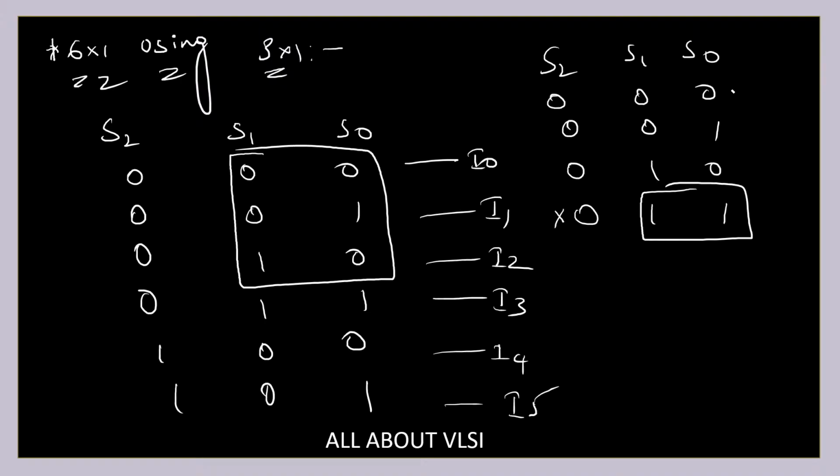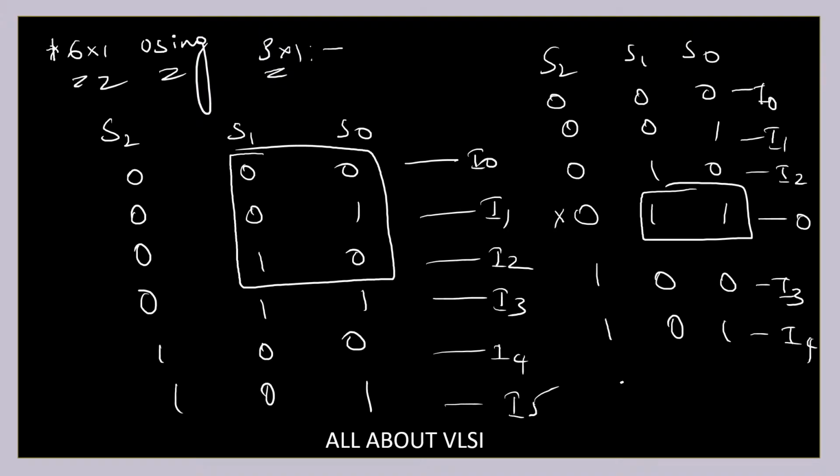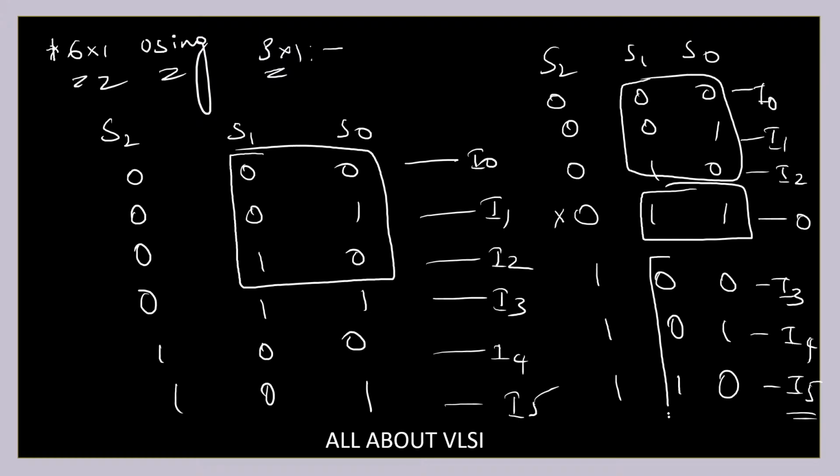So I'm going to have I0, I1 and I2 connected over here, and here I'm going to connect 0. And next for 100, I'm going to connect I3, for 101, I'm going to connect I4, and for 110, I'm going to connect I5. This is one pair, and this is one more pair.